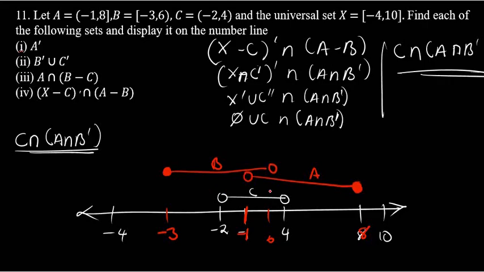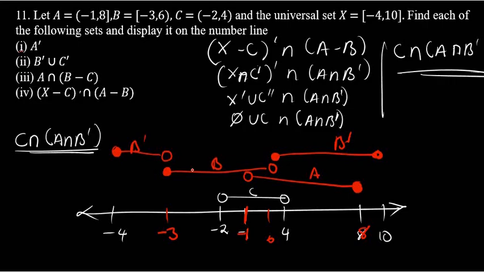Now B complement: if 6 is not part of B, meaning that 6 will be part of B complement, going up to this side. That is B complement. 3 is part of B, but it is not part of B complement. So this part is B complement.